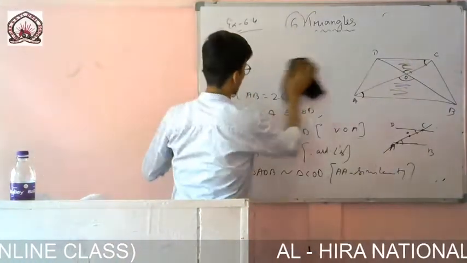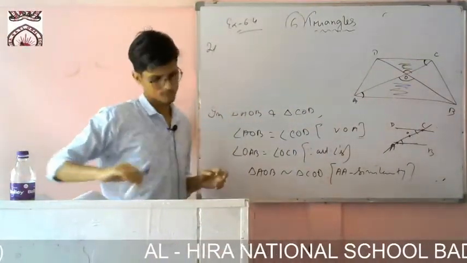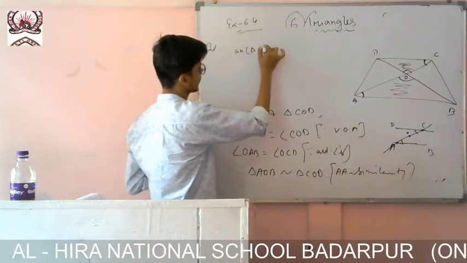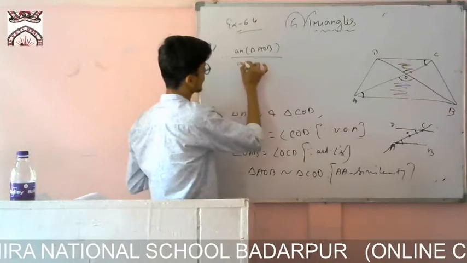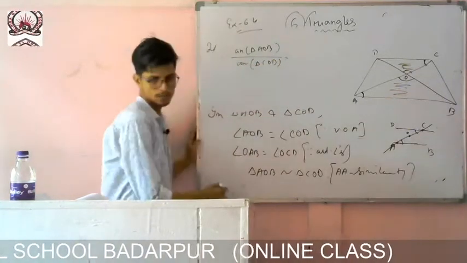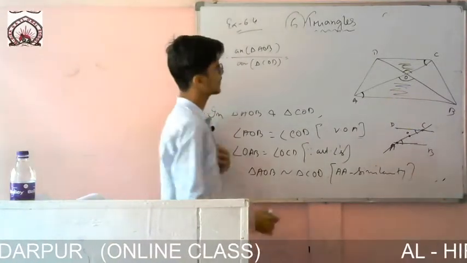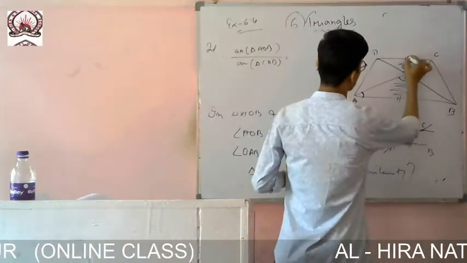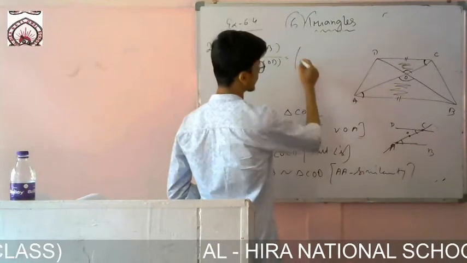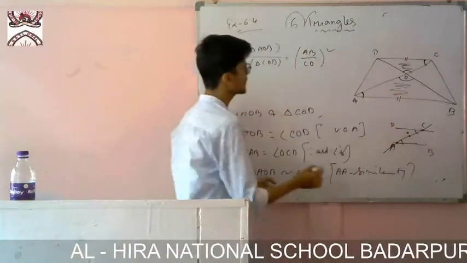Now I have to find the ratio, so I can write the area of triangle AOB by the area of triangle COD is equal to AB squared by DC squared, this side squared. It is a theorem we know.